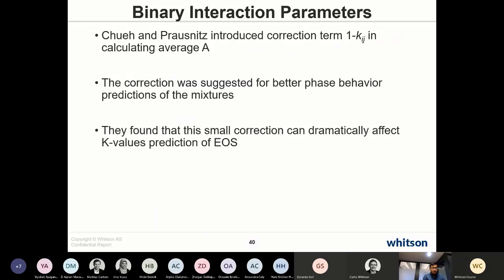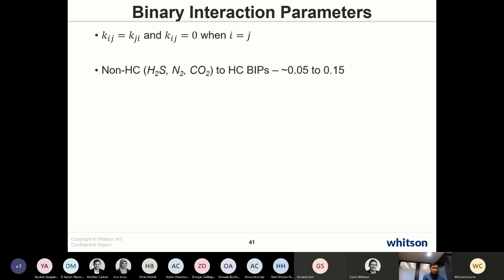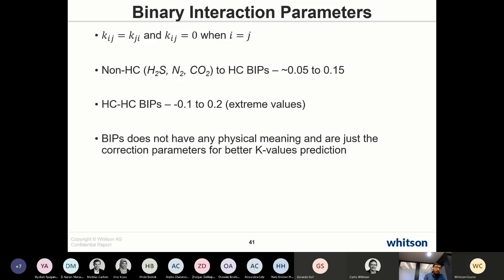So some more information about the binary interaction parameters. These are just the same things that we have been discussing until now, and a rule of thumb on what you expect from these binary interaction parameters, to look at the expected magnitudes. So non-hydrocarbon to hydrocarbon BIPs are generally between these numbers.